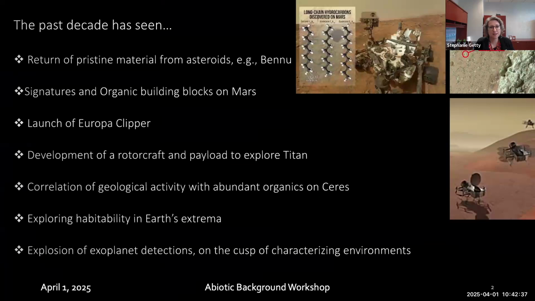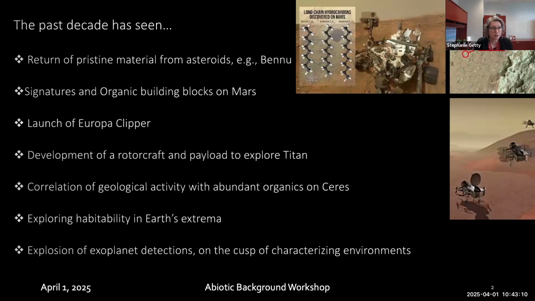Just to set the stage a bit, we've seen such an explosion of discoveries over the past decade, and of course, decades. And I just wanted to highlight a few of them here. We just heard about the incredible breadth of investigations that are able to be done by a really far-reaching, highly capable team on Bennu samples returned by OSIRIS-REx.